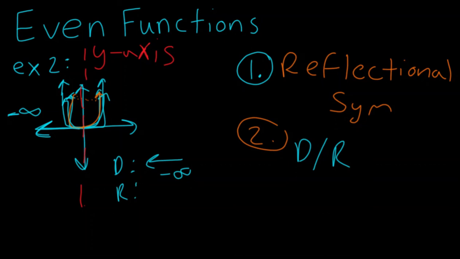And look, it's as simple as asking yourself, is the line going up or is it going down? And I want you to say it out loud right now. When we go to the left, this graph is going up. Excellent job. And so we'd say, hey, since the range is going up, it is going towards positive infinity. And it's that simple. As our domain goes to the left towards negative infinity, our range goes up towards positive infinity. And you'll notice that is different from the odd function.